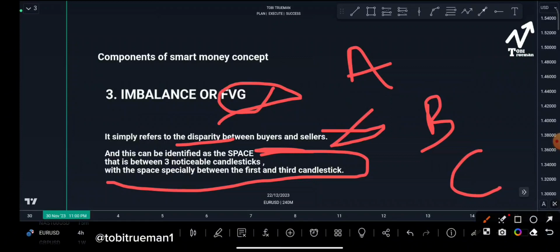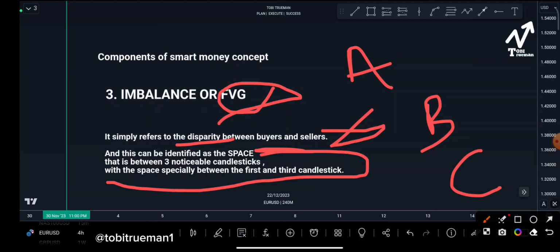We have a lot of them on charts, but you have to pay attention to the three candlesticks that form an FVG, the one that has imbalance in between.